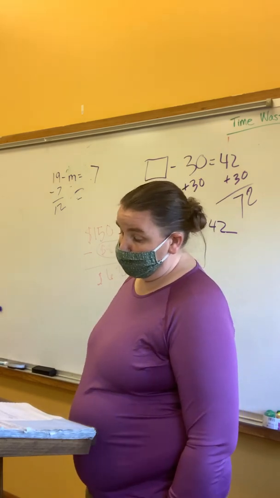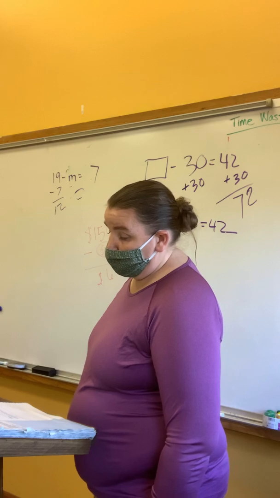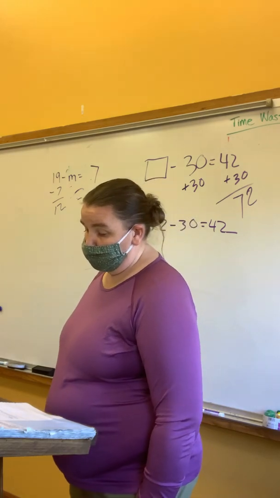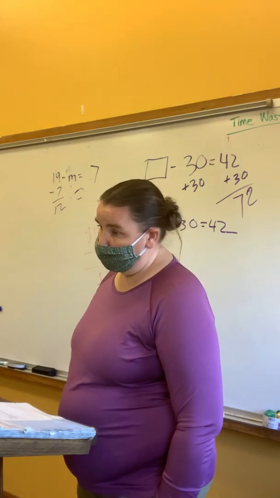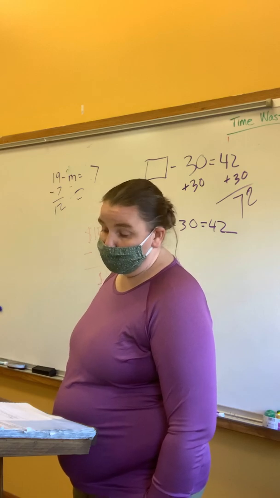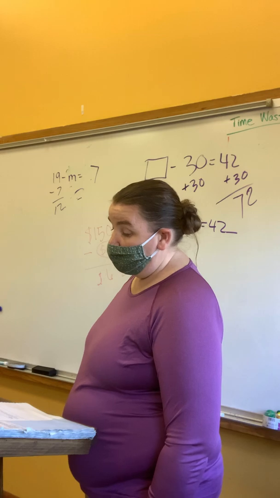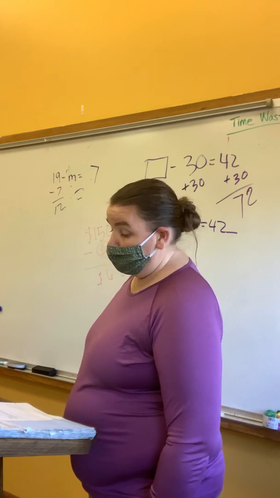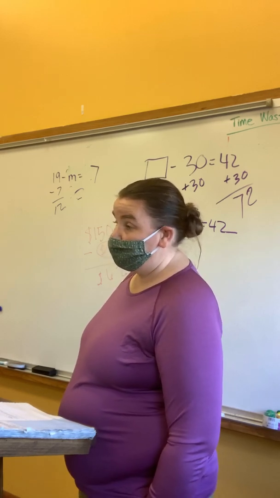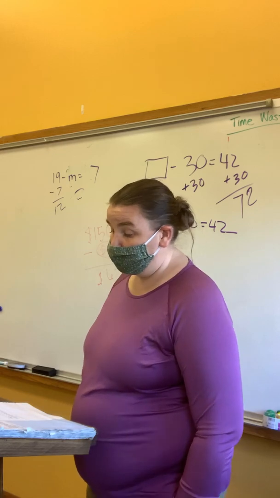Number 2, 12 plus G equals 28. You can have whatever letter or X or Y or M. 28 plus 12. Yeah, that's what I did too. I put 28 minus 12 equals 16 girls. Yes.